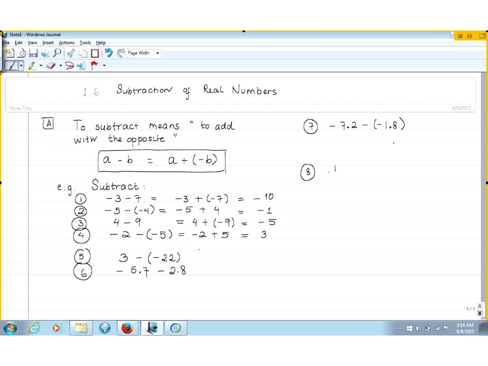Number 8: 1/5 minus 3/2. So find a common denominator first. And then what about negative 2/3 minus 3/5? Can you guys try it really quick?